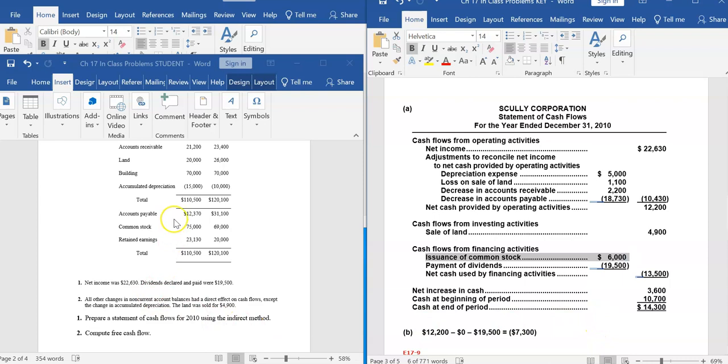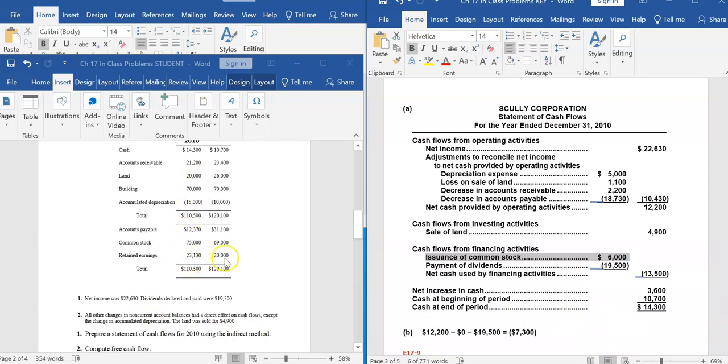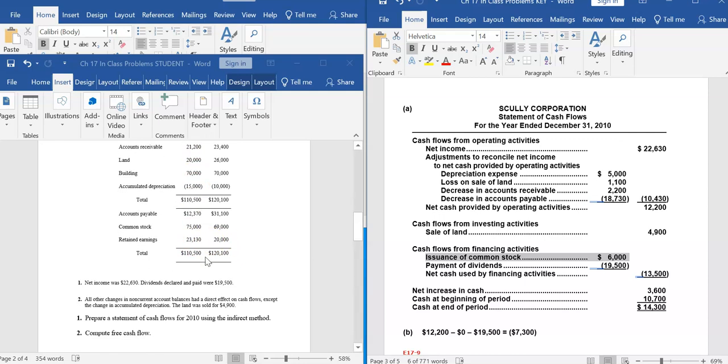Well, I don't see anything else in here. Retained earnings change is a result of net income. So I think the only other thing we need to do now is just summarize our cash flow statement.